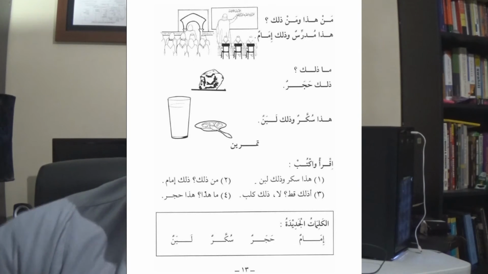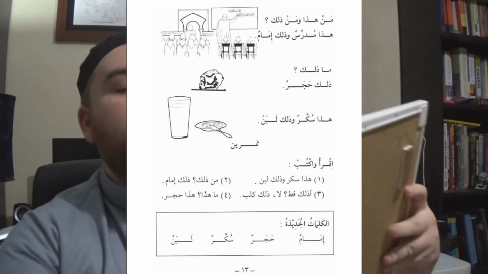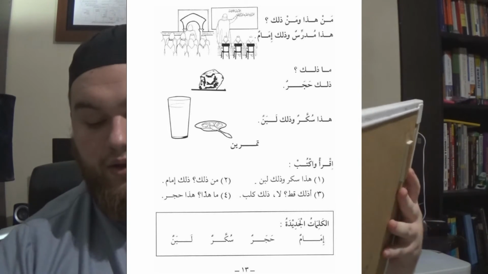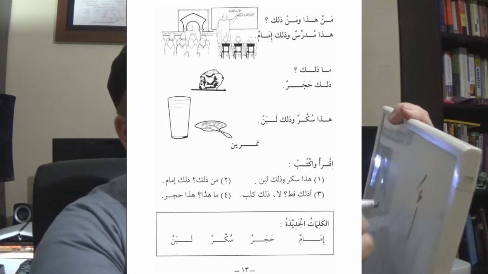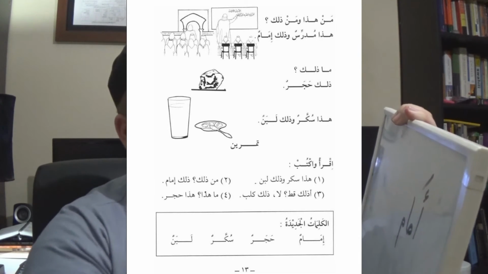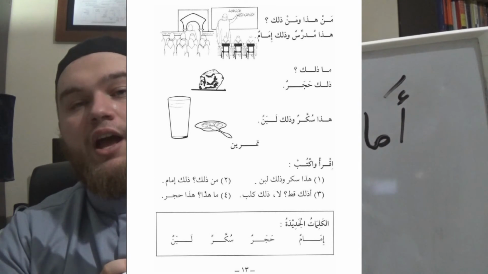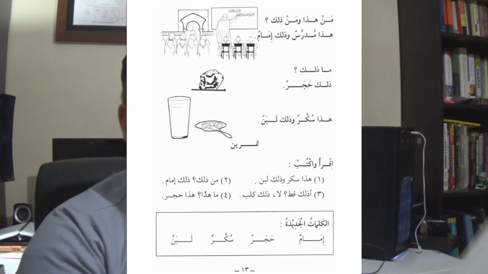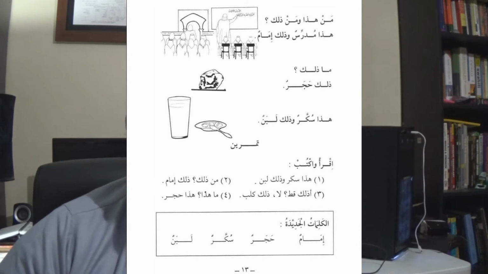So imam comes from a word, and I'm going to write it here for you. Amama. See, it's got the أ in front of it. And that means in front of.